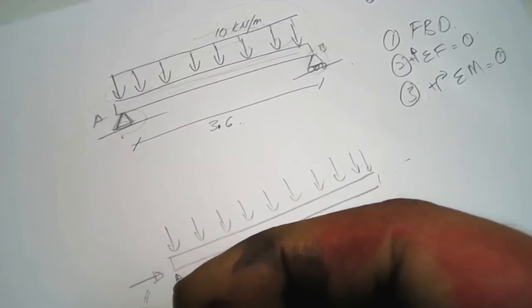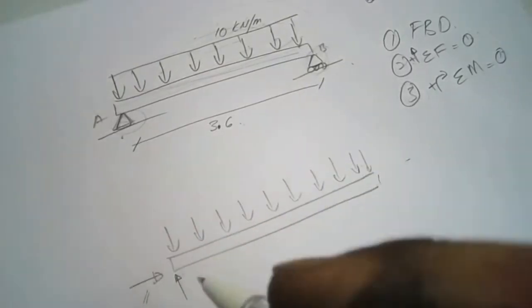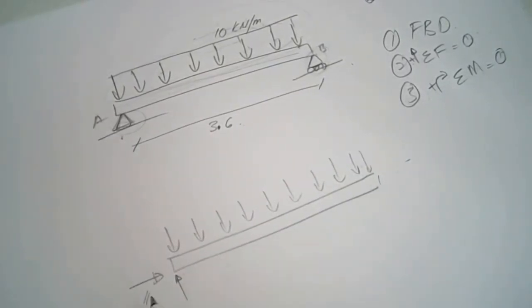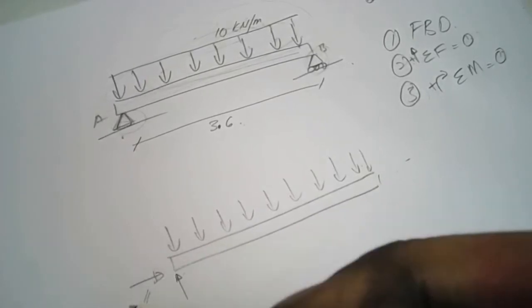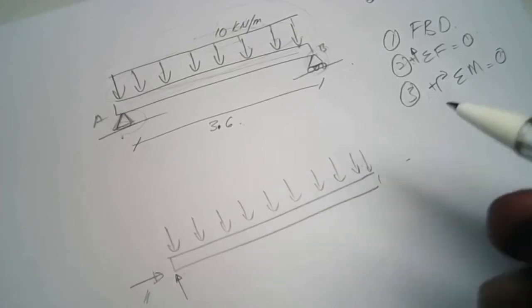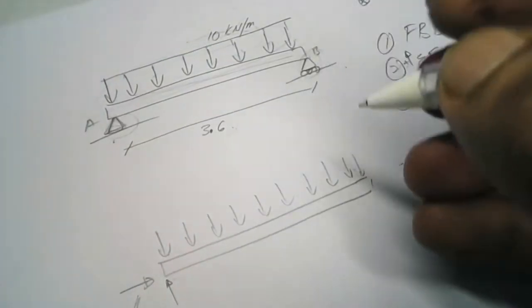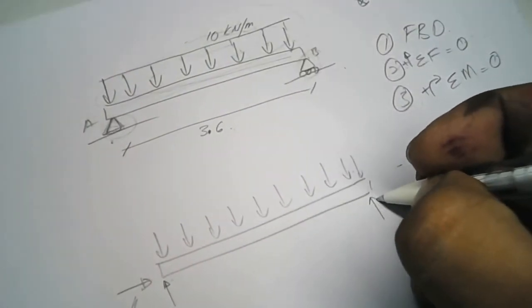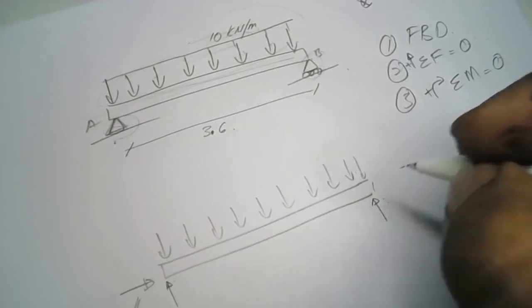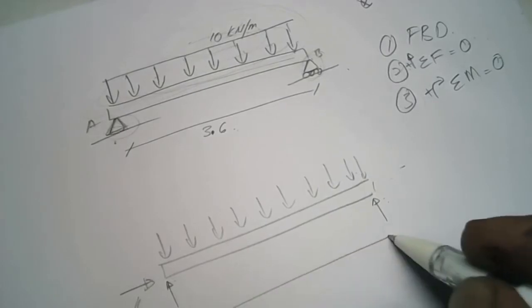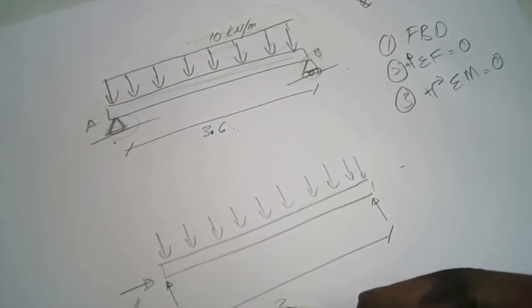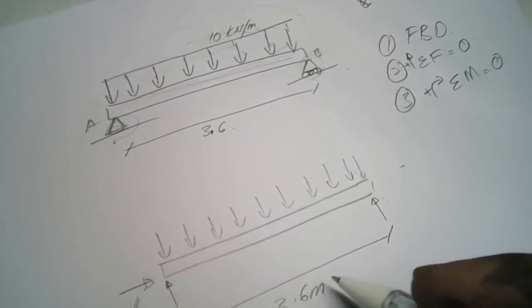Our horizontal here is equal to 0 because along the beam there is no other horizontal force. For the roller support, we have a single force. Then we have a length here of 3.6 meter.